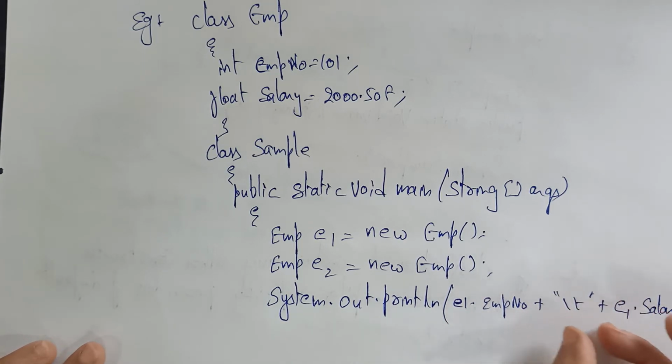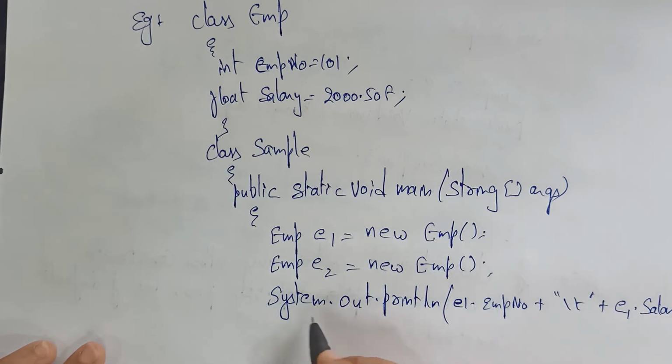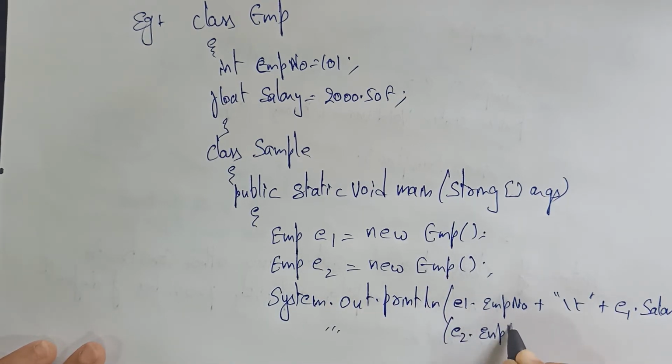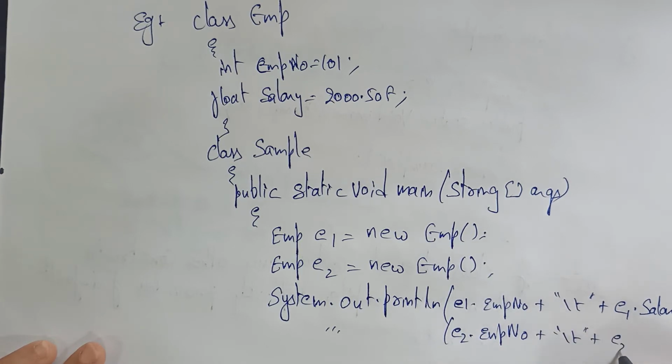So E1.employeeNumber, E1.salary. In the same way, E2.employeeNumber, a tab space, and E2.salary.